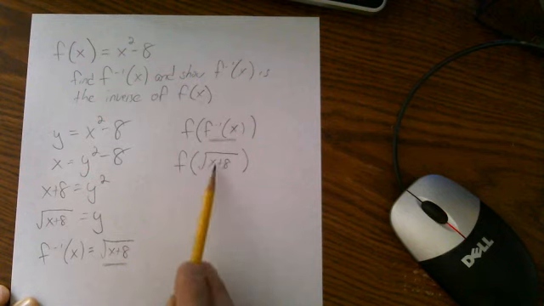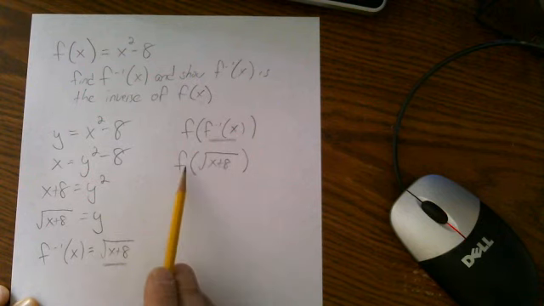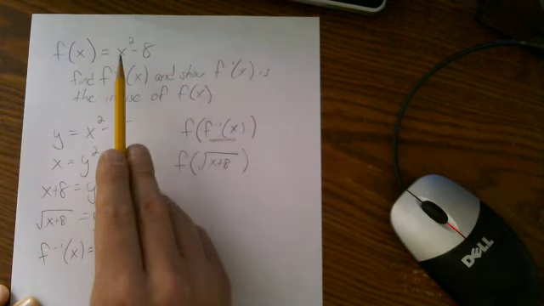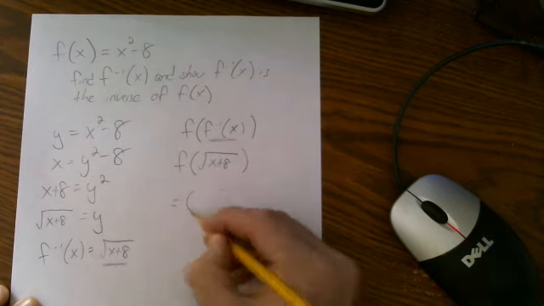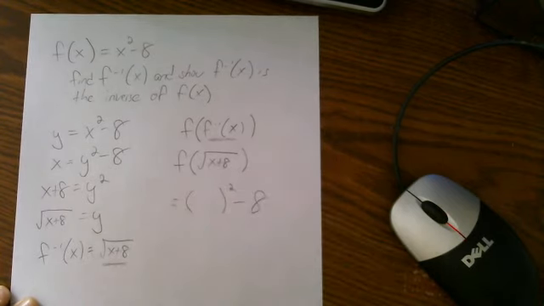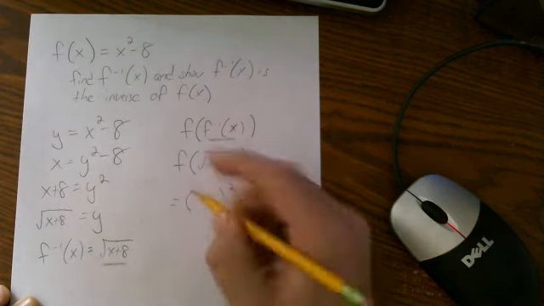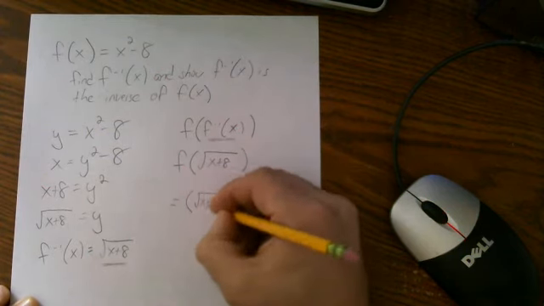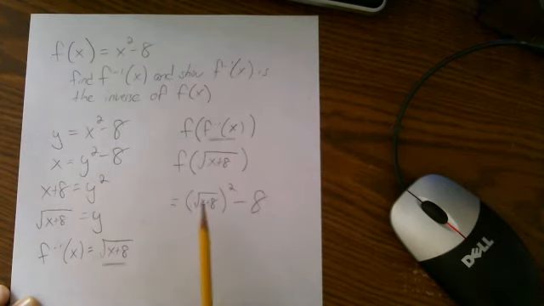So let's plug radical x plus 8 into f for x. So f was x squared minus 8. So let's plug in radical x plus 8. Well, when you square a radical, it simply gets rid of the radical sign.